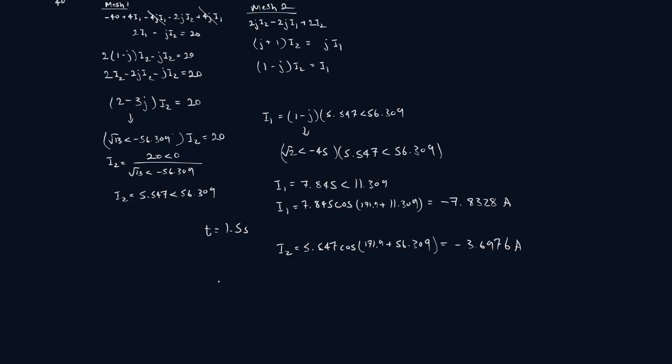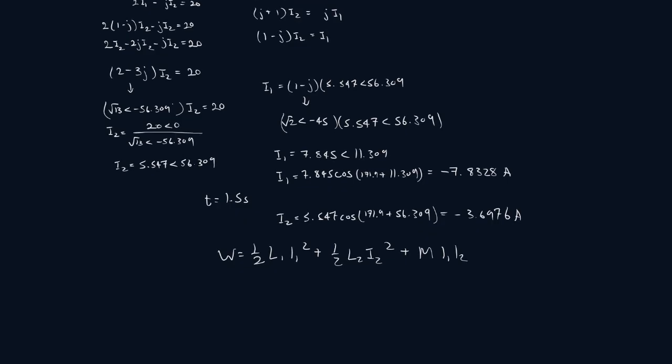Now we have to find the energy. So it's 1 over 2 L1 I1 squared plus 1 over 2 L2 I2 squared plus M I1 I2. Okay? So you just plug in your I1 and I2, your L's and your M, your mutual inductance, and then your L1 and L2 again in here, and you should get 39.23 joules.